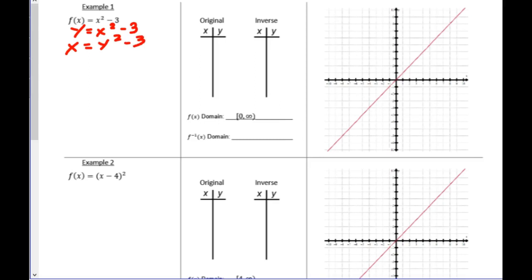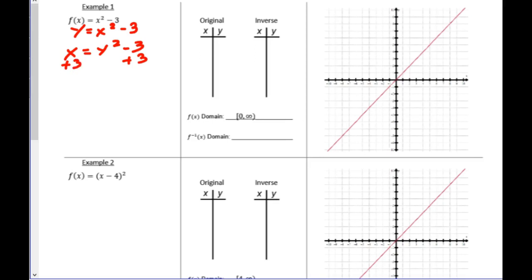Okay. X equals y squared minus 3. Now, if I'm solving for y, that minus 3's got to go. That's the loner. How do I get rid of a minus 3? Add 3 to both sides. So plus 3 here, and then on this side, plus 3.